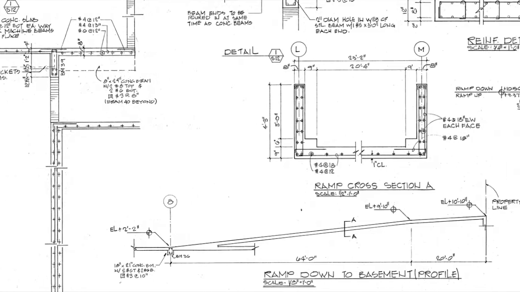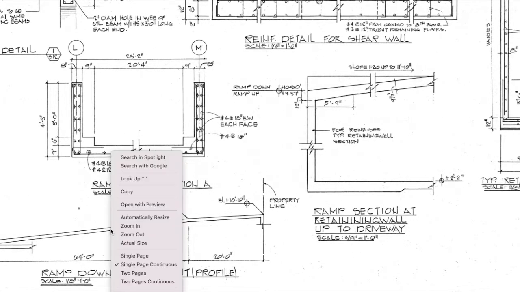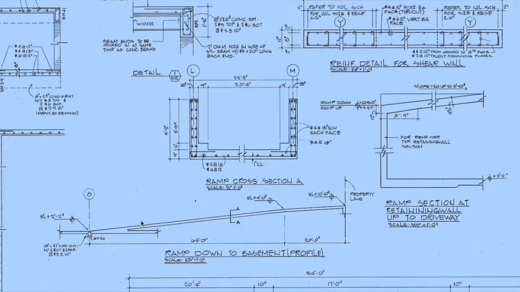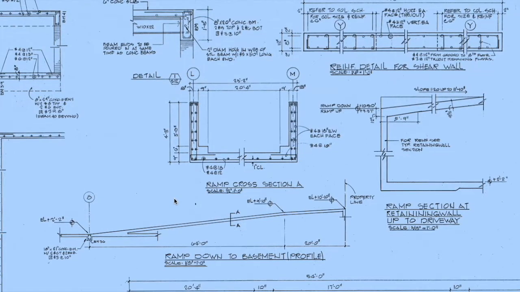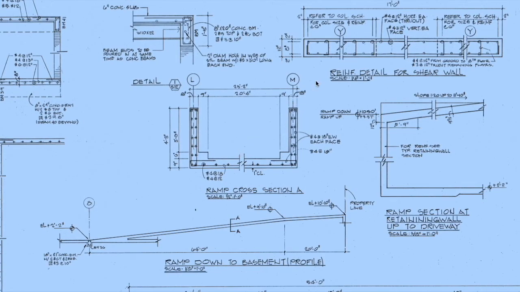The significance of the transition. All right, so zoom out. That's that shear wall that's 17 feet. The one that right here, that's a smaller one now. Now, it is 12 inches thick.